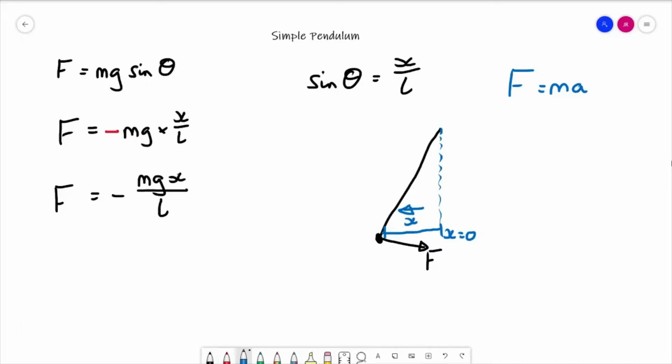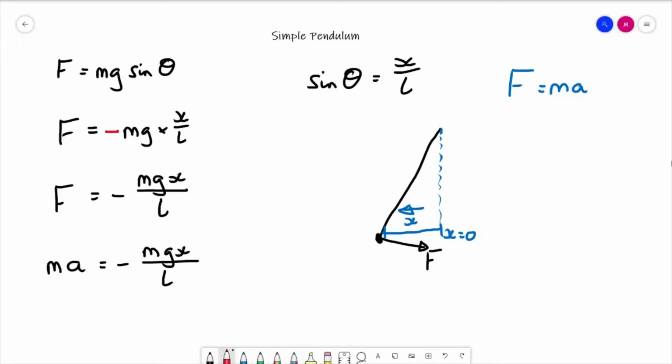Now that, of course, F equals ma, remember, is a general equation. So whenever a force is acting, we can apply happily that equation. We're just now applying it to this specific simple pendulum example. So when we do that substitution, we get ma is equal to minus mgx over L.